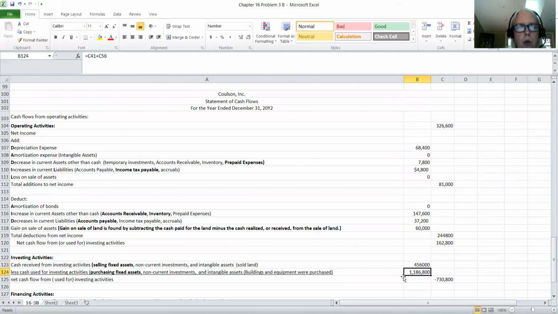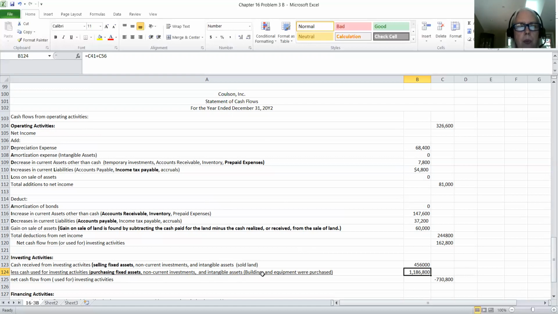On the next part, we're going to determine the cash that we paid out or that we used for purchasing investing types of activities. We're going to look through our list of accounts to see if we bought any fixed assets or plant assets, if we bought any non-current investments, if we bought any intangible assets.